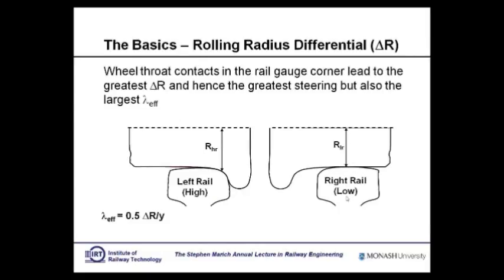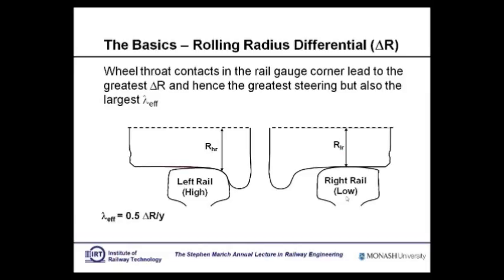And of course, if you want to get the highest rolling radius differential, which will give you the highest steering force, this is the kind of condition you would like to get. With contact between the wheel throat and the gauge corner of the rail, just at that point, that is quite a large radius, and towards the center of this rail, it's a relatively small radius, so that gives you a pretty high rolling radius differential, and hence high steering forces.